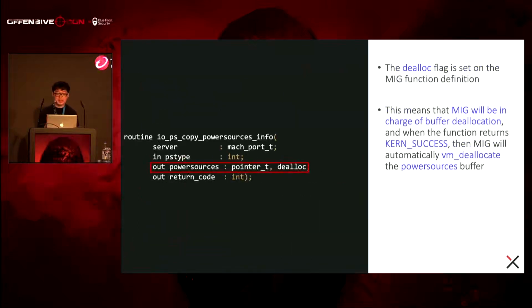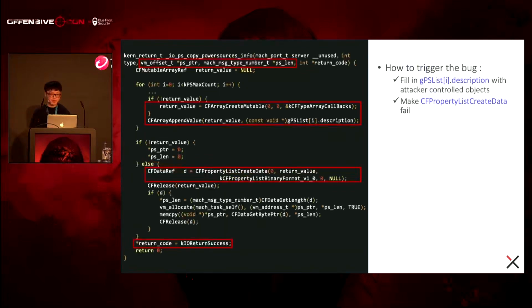And because the dealloc flag is specified in the MIG definition, MIG will be responsible for automatically deallocating the buffer upon return. So the condition to trigger this bug is to fill in the gPSList array with attacker-controlled objects, and somehow make the CFPropertyListCreateData fail.